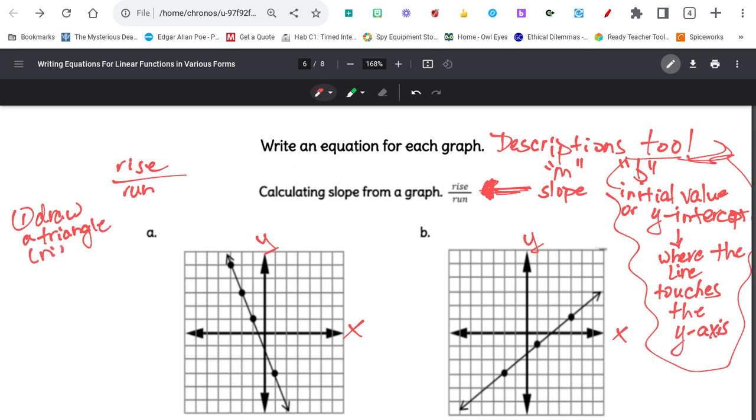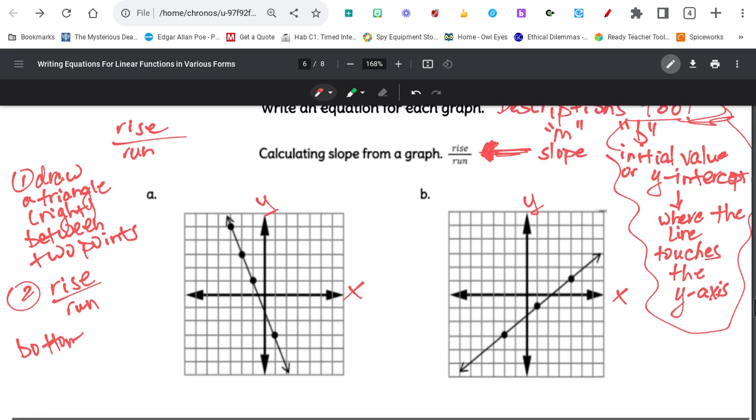And it's got to be a right triangle, from between 2 points. And I always start at the bottom, so then I calculate rise over run. I go from the bottom point to the top, but you don't have to, you can go from top to bottom.